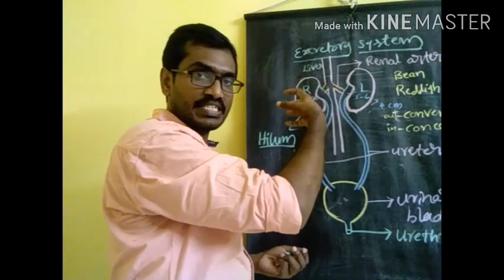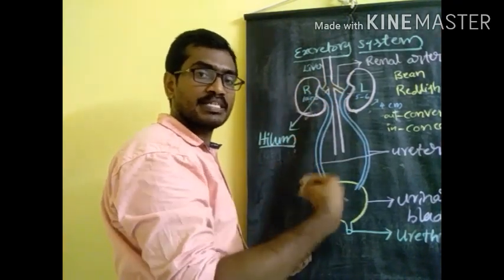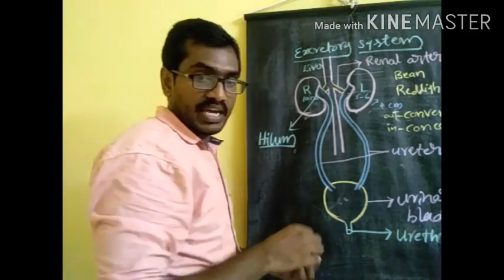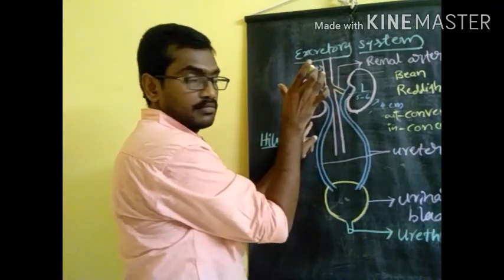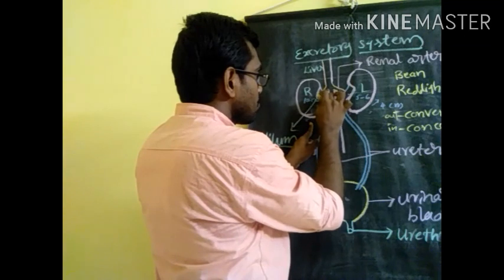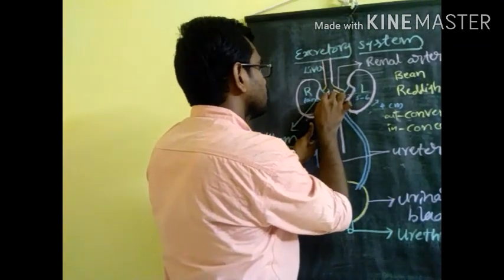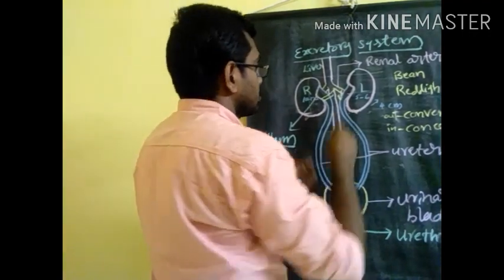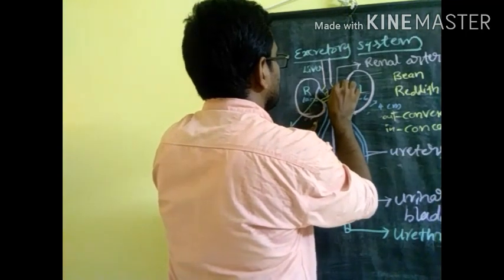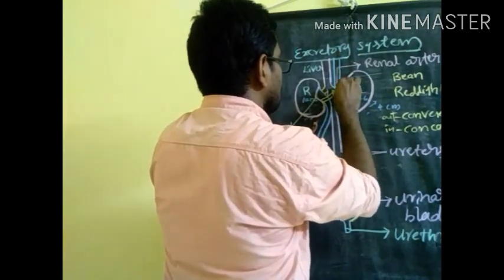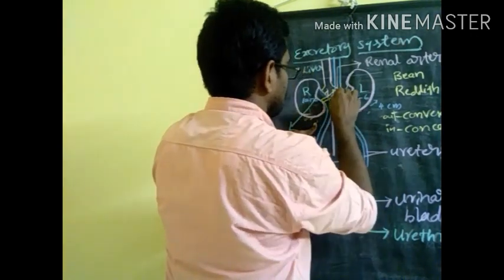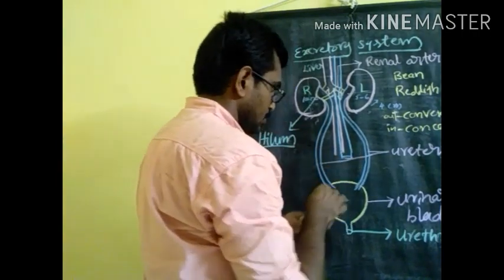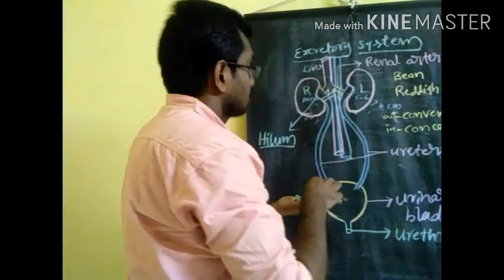Then the veins carry deoxygenated, pure blood, with less metabolic waste, and come out through the hilum and open into a vein.